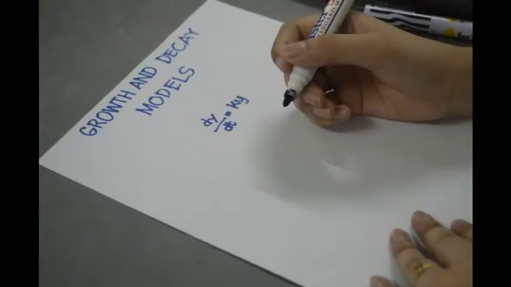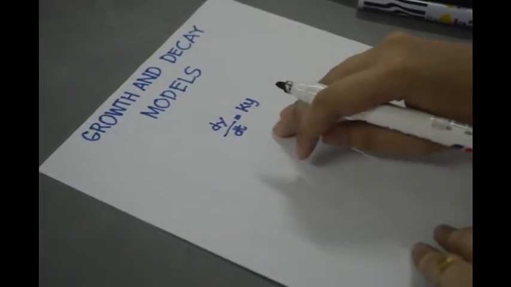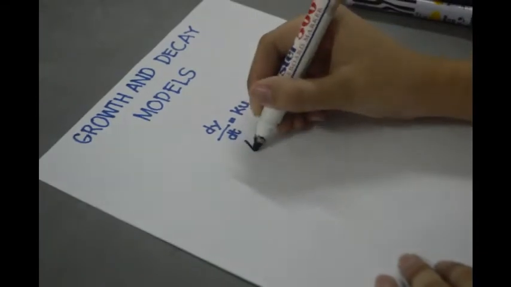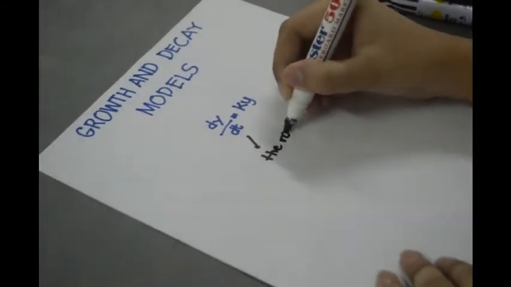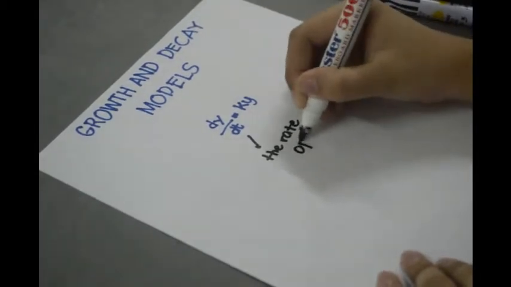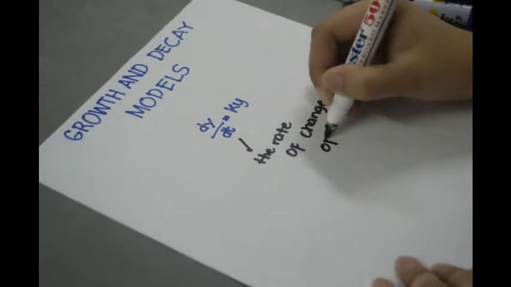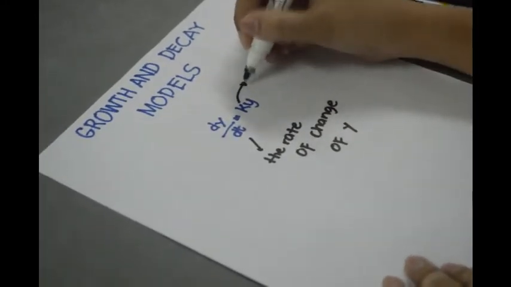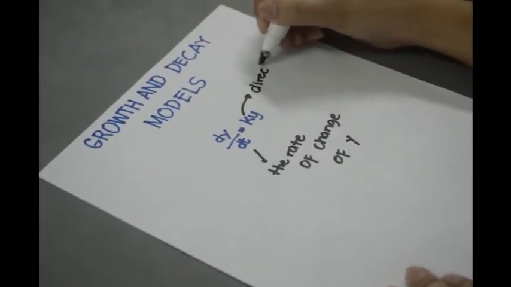Decay models. Consider the statement: the rate of change of some quantity y is directly proportional to y. This dy over dt is the rate of change of y, which is directly proportional to y.